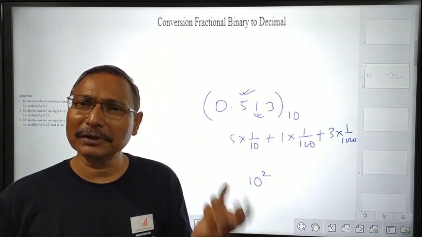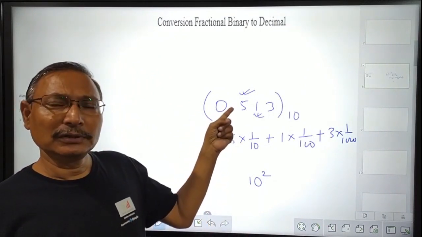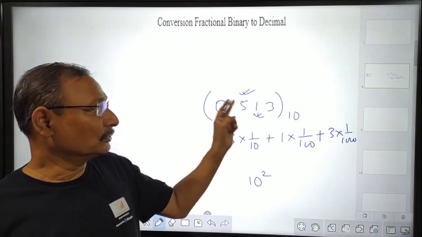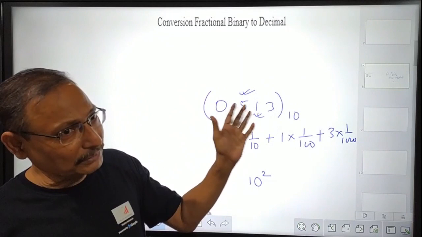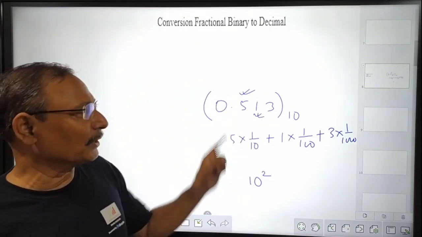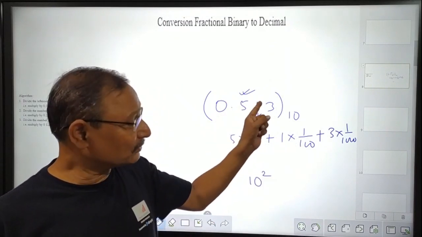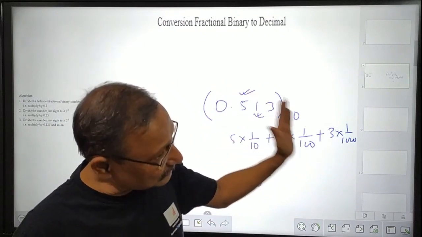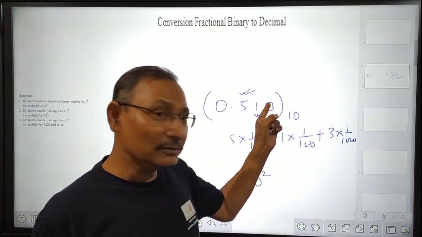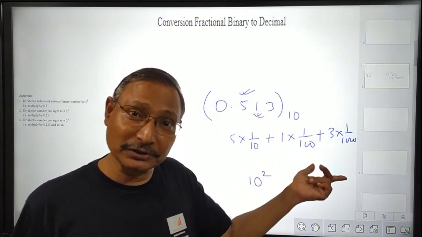So the leftmost fractional digit will be multiplied by 1 by 2, and the digit to the right of it is multiplied by 1 by 2 squared in place of 10 squared, and the digit just after that on the right is multiplied by 1 by 2 to the power 3 in place of 10 to the power 3.